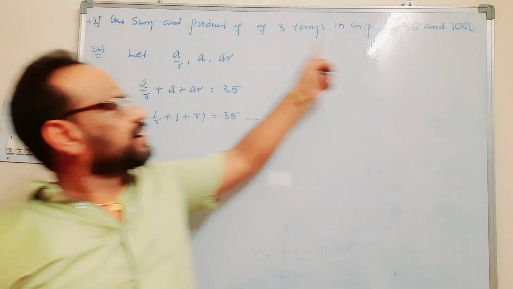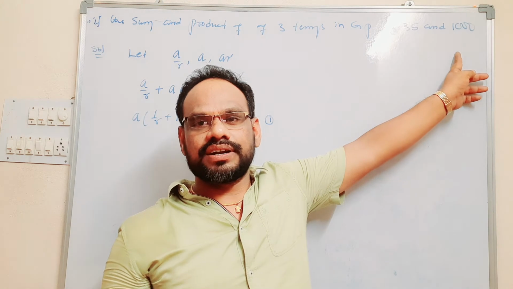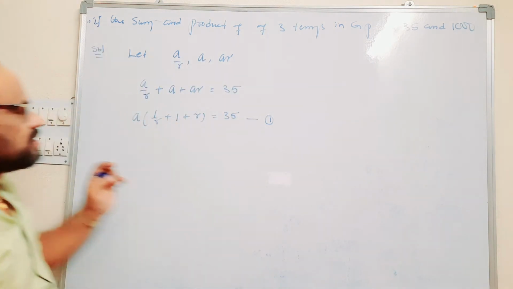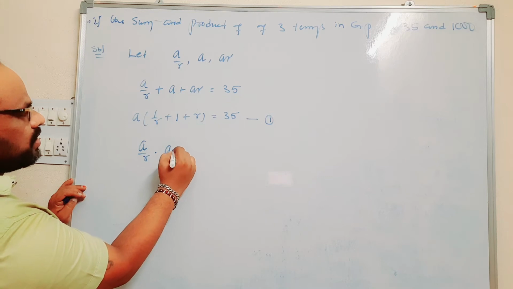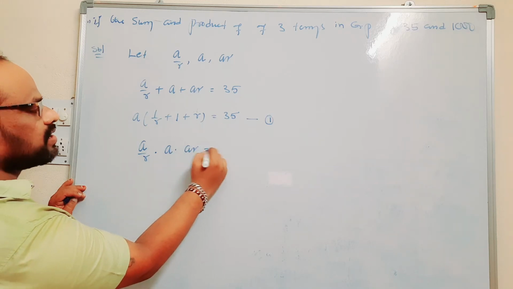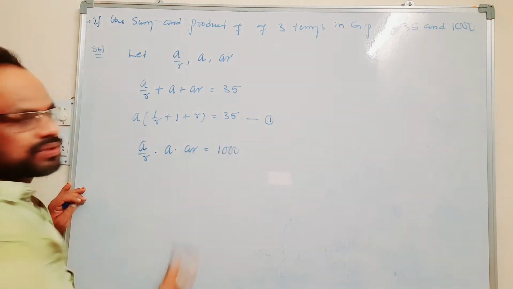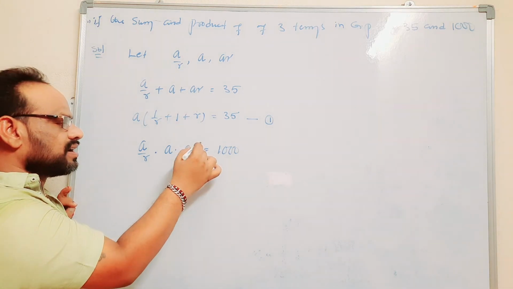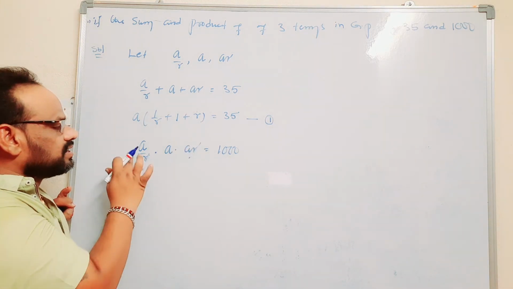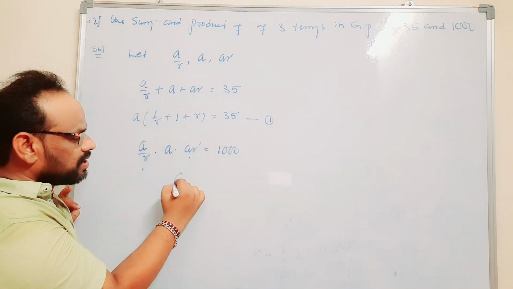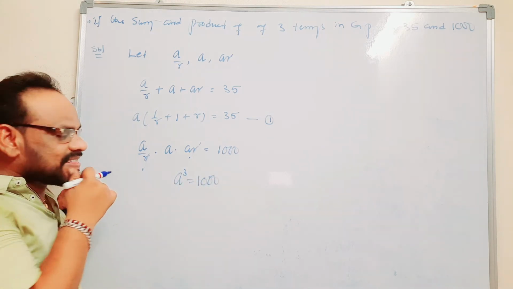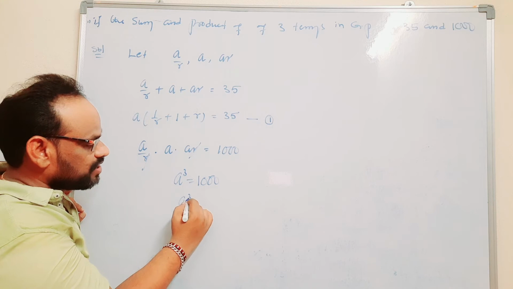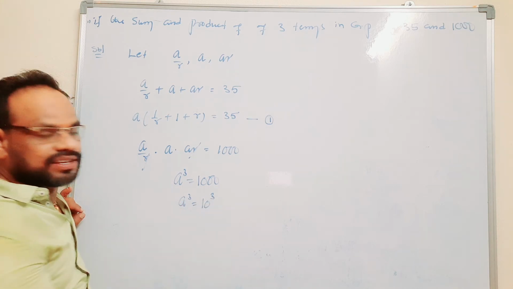And the product is how much? 1000. That means A by R into A into AR is equal to 1000. Observe here, R gets cancelled. A into A into A is nothing but A cube is equal to 1000. 1000 can be written as 10 cube, so A cube is equal to 10 cube.